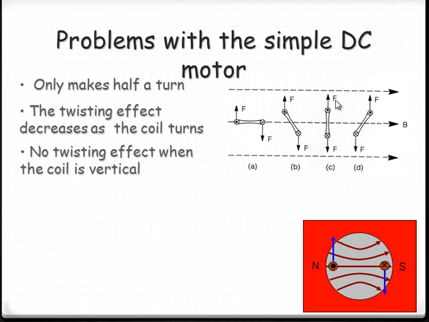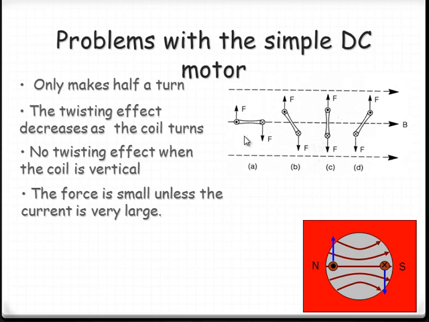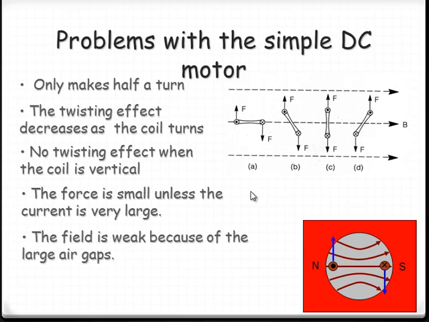We don't have any twisting effect up here, and we only have a small force unless the current's actually quite large. And really, the whole magnetic field is quite weak because there's all these air gaps in here.